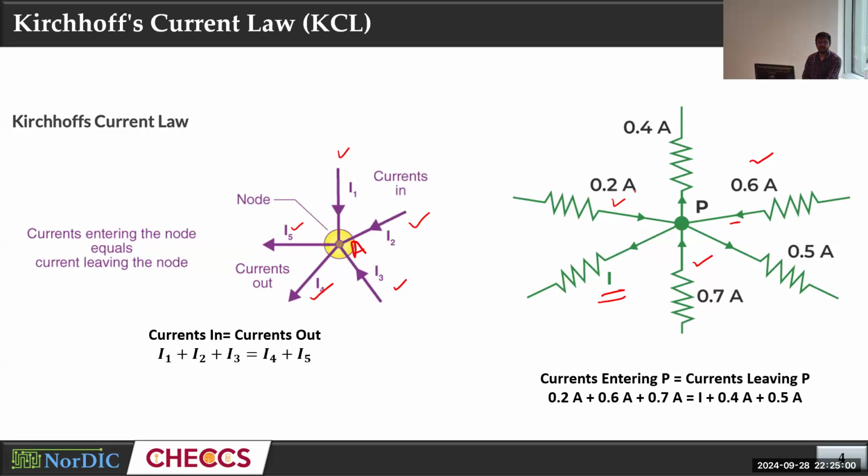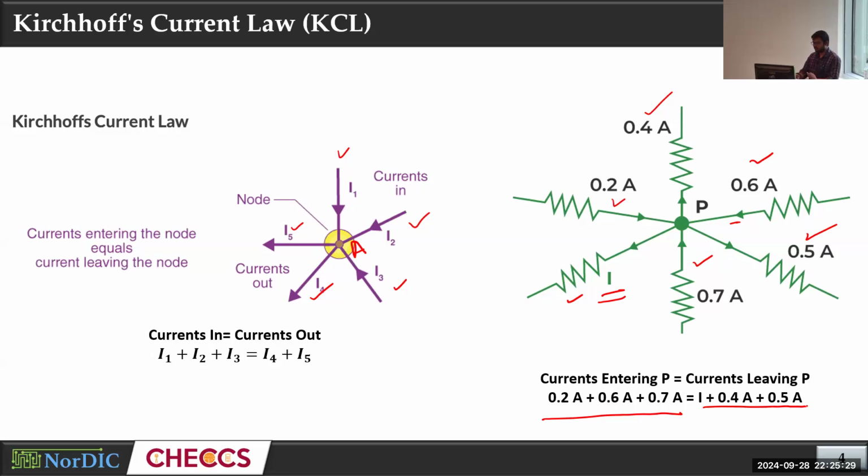These three currents are entering node P. If you add them, that will be equal to the currents leaving, that is 0.4 ampere, 0.5 ampere, and I. That will be on the right side. The currents entering node P will be equal to currents leaving node P. Now just solve this simple equation. You will have the value of I, and it will be 0.6 ampere.